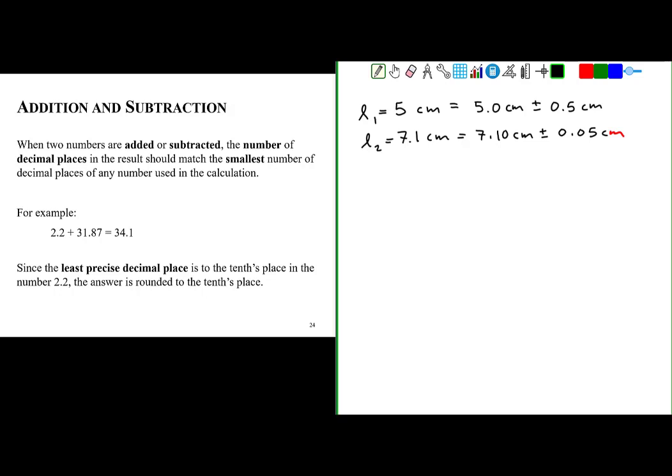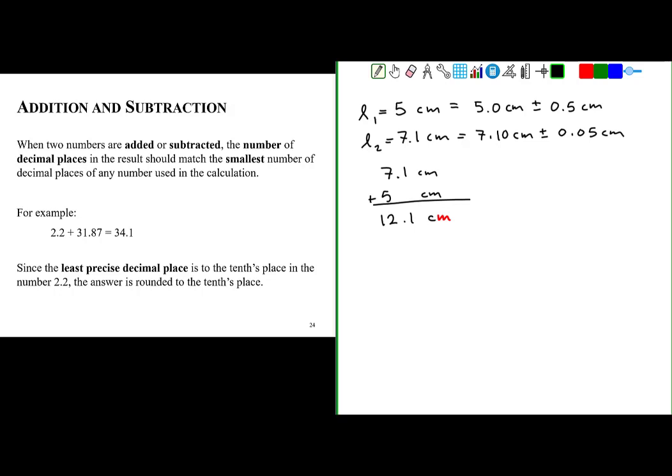If we were to add these two numbers, the 7.1 centimeters and the 5 centimeters, we would end up getting the value of 12.1 centimeters without rounding.